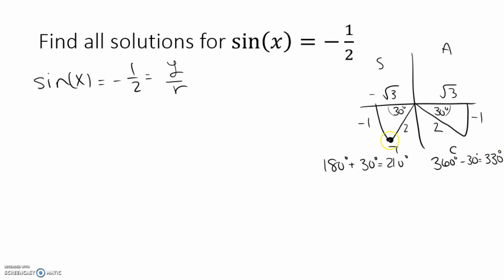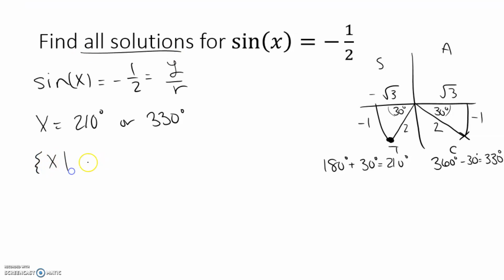So I have an answer right here and right here. There's not an equal distance between the two, so I'll have to look at them individually. So we've got x is equal to 210 or 330, but I need to find all my solutions.